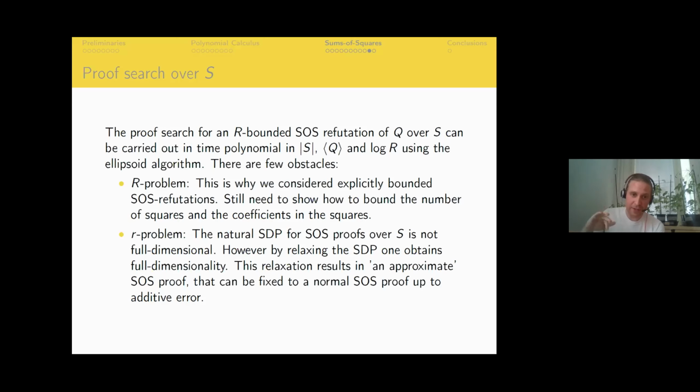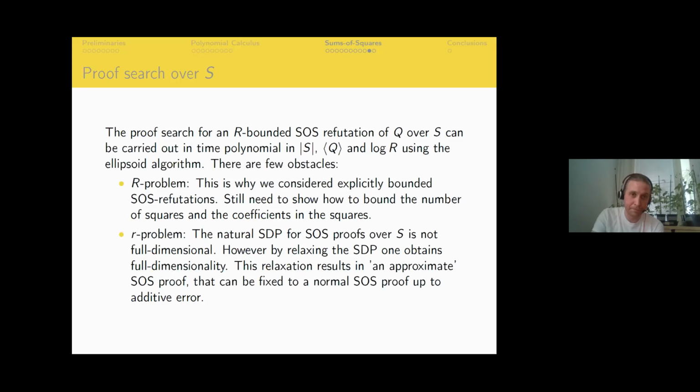And on the other hand, the natural semi-definite program for proofs over S is not full dimensional, as it contains lots of basically equality constraints. But there's a way around this, by fuzzifying the constraints and obtaining an approximate SOS proof that can then be fixed to a proof up to an additive error.